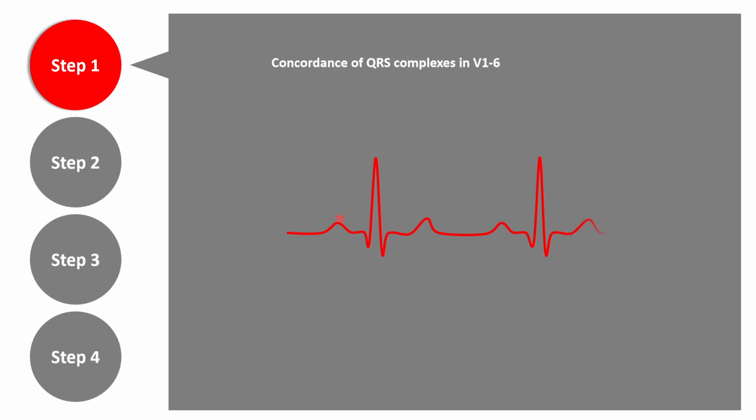Now let's focus on the P wave. If you carefully look at it, there is only a positive deflection above the isoelectric line. So this is a positive P wave. Same thing is true for the T wave. There is only a positive deflection above the isoelectric line.